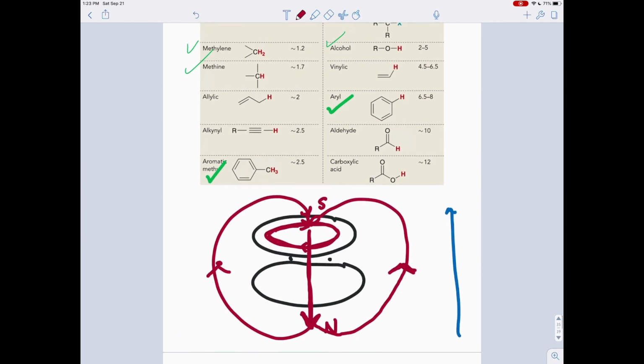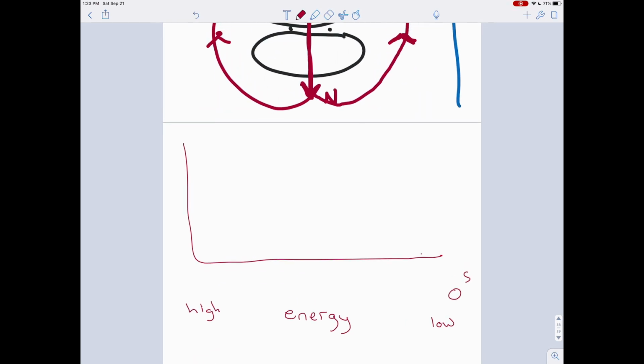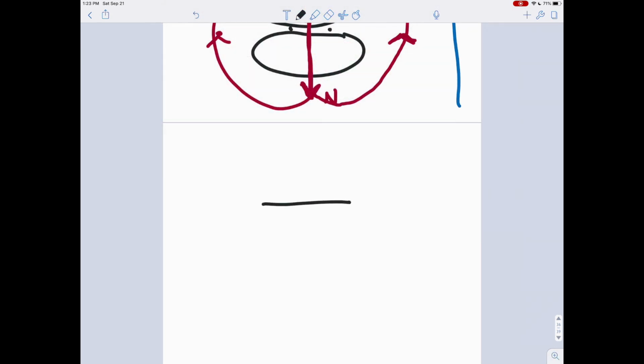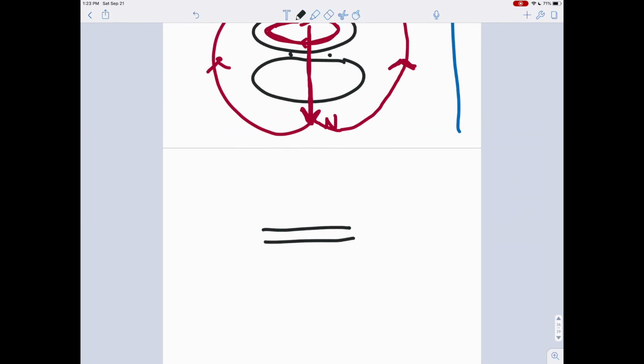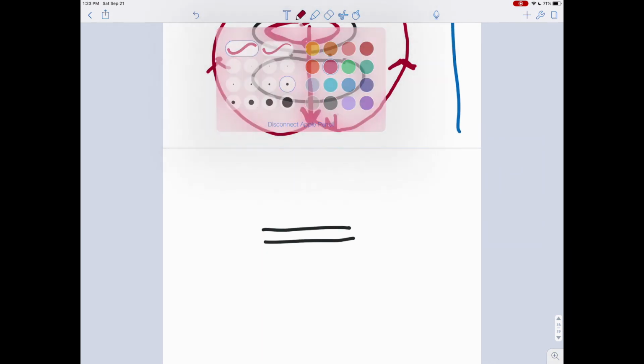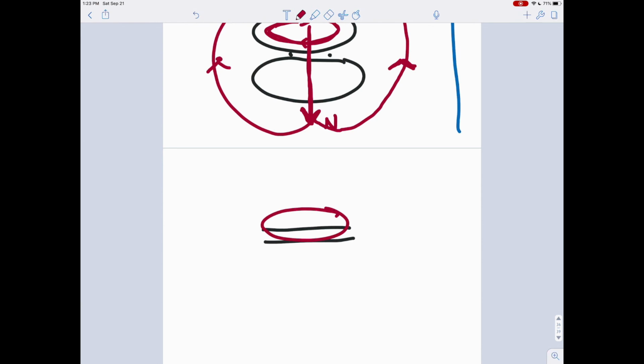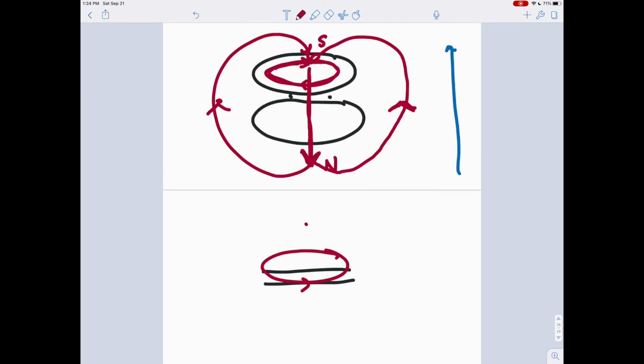So, if you have something like a double bond, this hydrogen here, let me copy this, but instead of the orbitals, I'll show you what it looks like with the double bond. You have the double bond here. In the case of this, the electrons are swirling around here in order to produce a magnetic field that goes down, but it loops up and goes back around.